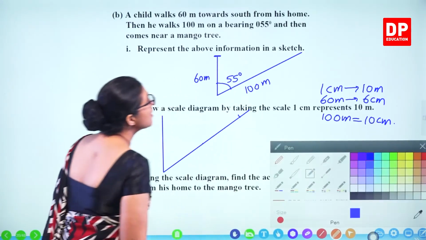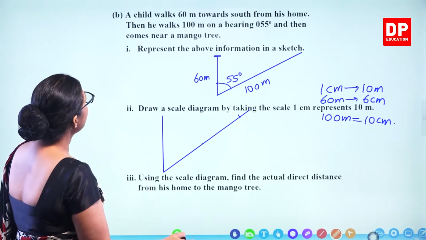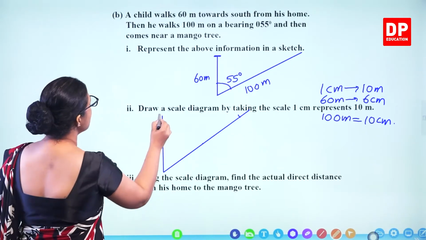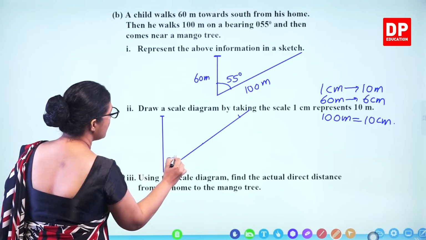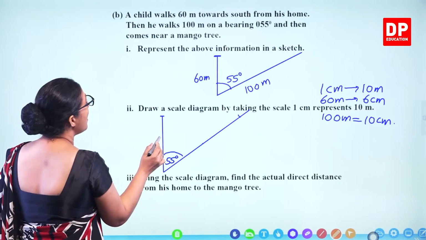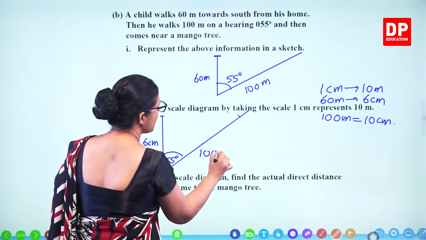So, this is the point. Now, we can say this is the starting point. So, this is 55 degrees and this is 6 centimeters and this is 10 centimeters.